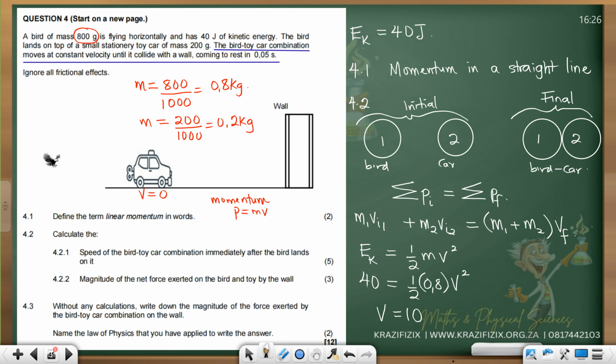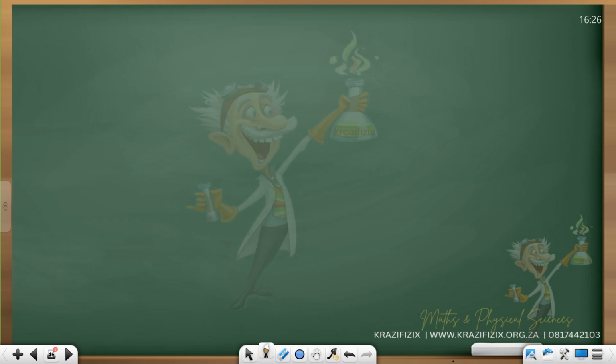Okay, so 10. Now, we now have the initial velocity, which we can then take back into that formula. Okay, so I am going to recreate my page. So we said M1 VI1 plus M2 VI2 equals M1 plus M2 final velocity.